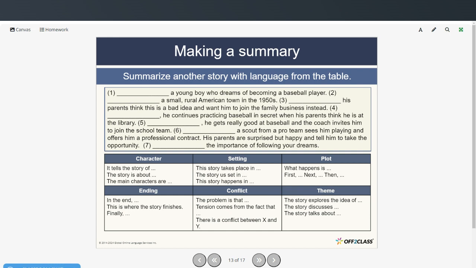All right, so now you're going to summarize another story with language from the table. So go ahead and pause the video, try this on your own, and then restart when you're ready to check your answers.